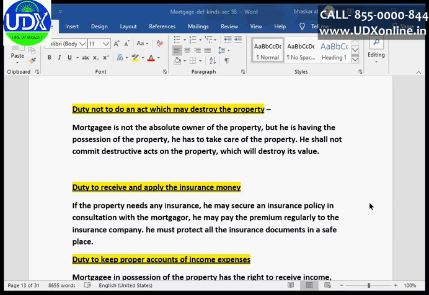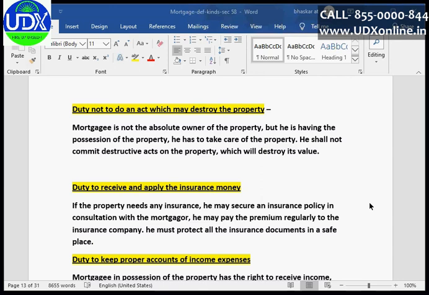Any such insurance policy has been taken on a house or a building, and the owner of that property has insured it and has mortgaged that property to the mortgagee. He has given the possession to the mortgagee.